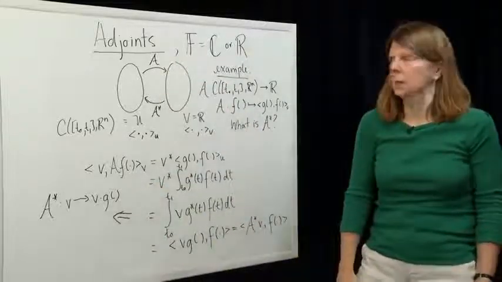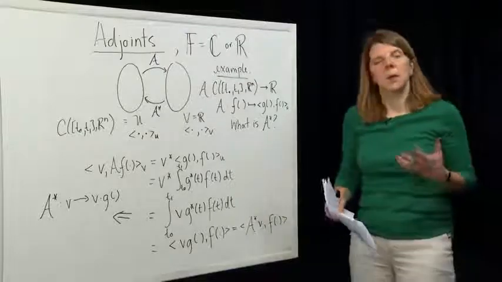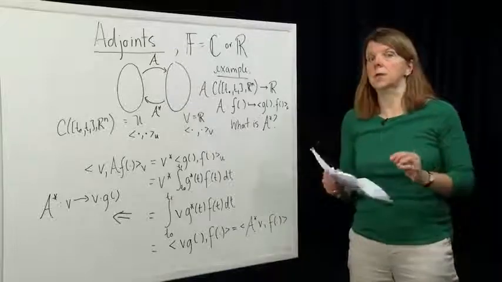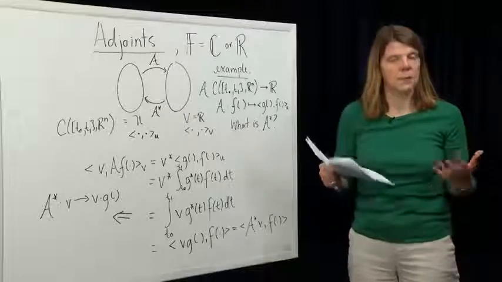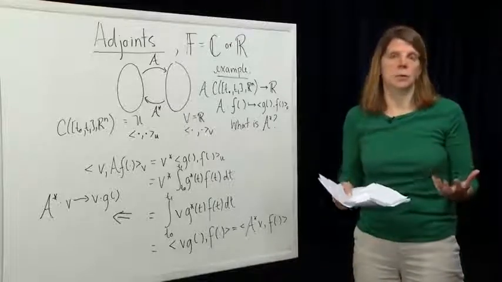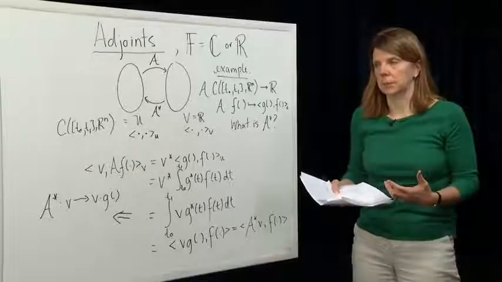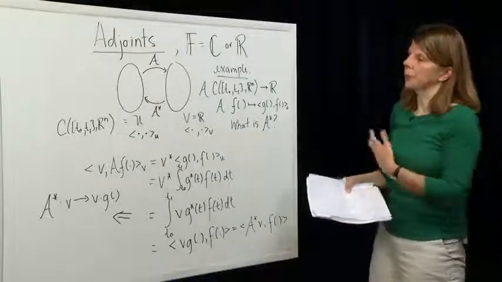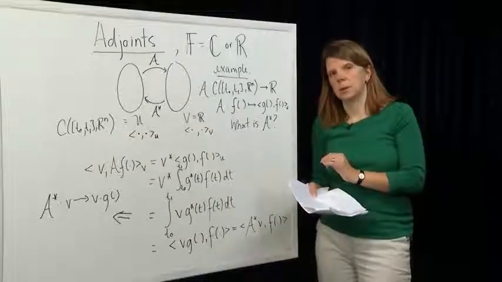Okay, so what have we done in this module? Based on our definition of inner products, we've defined what it means for vectors to be orthogonal. We've used that to define what it means for subspaces to be orthogonal to each other, or if you have a subspace, how you define its orthogonal complement. We looked at properties of orthogonal complements. And then the last thing we did, a very important thing, is to define the adjoint map.